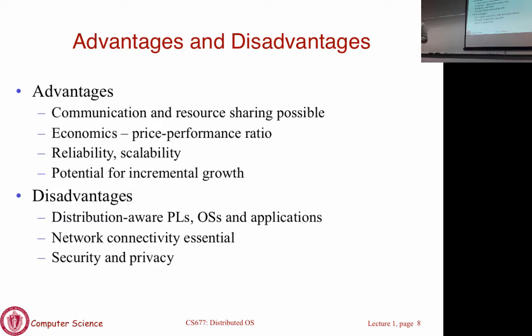One advantage is that you can share resources across machines in a distributed system. Let's take some examples. Assume you have a disk on one machine where you stored some data. In a distributed system, another machine can access data on that disk. So in some sense, you can access storage on other machines. That's an example of resource sharing.